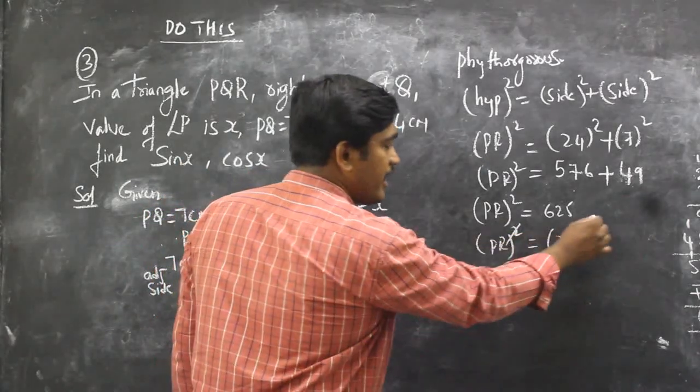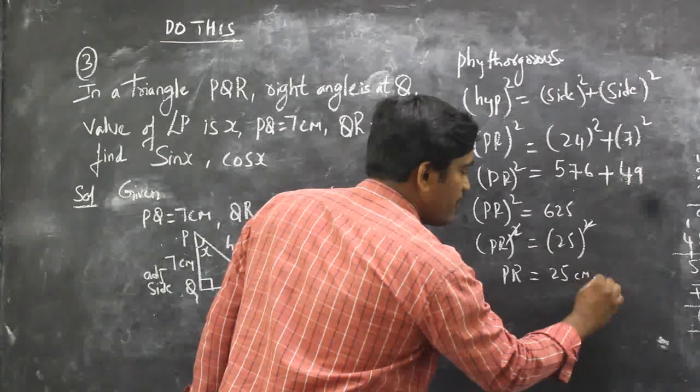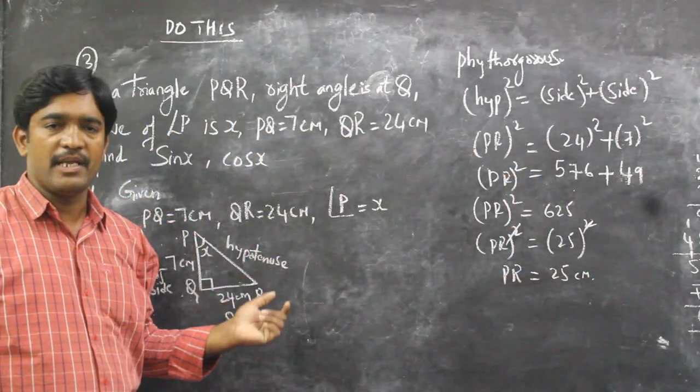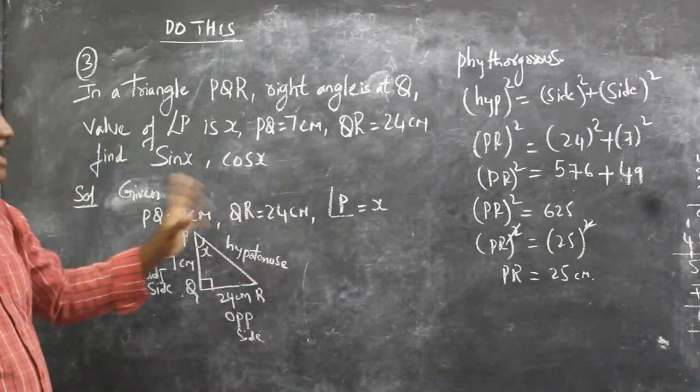Now the squares get cancelled, so PR is equal to 25 centimeters. Now I am able to find the PR value from the given problem. This PR is the hypotenuse.